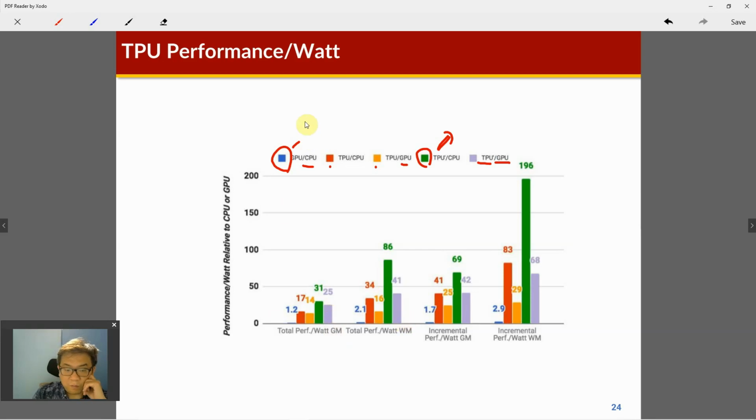If we compare the GPU and CPU, it's just several times: 1.2, 2.1, 1.7, 2.9. But when the TPU is compared with the CPU, it's 17, and in the tens, like 41 and 83. Compared with the advanced version of the TPU, it's up to nearly 200. It's very amazing. And compared with the GPU, it's like 68.